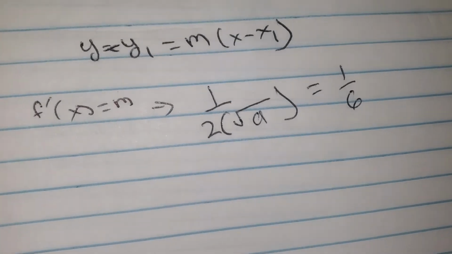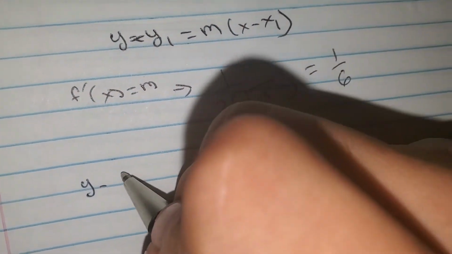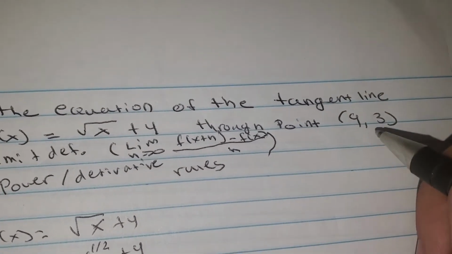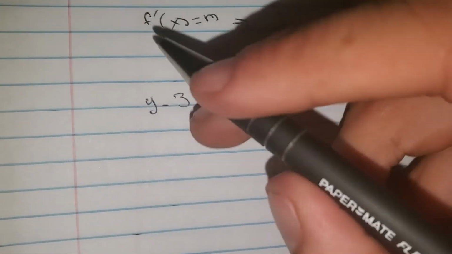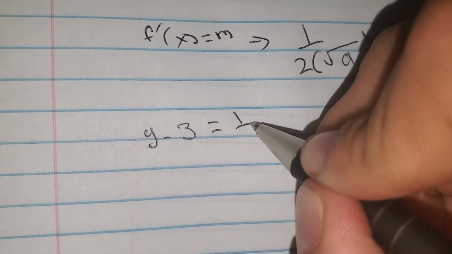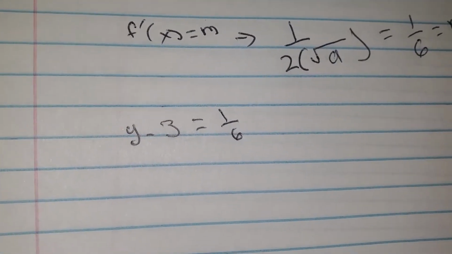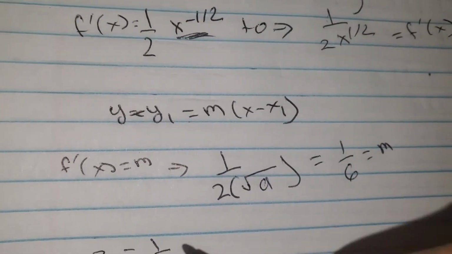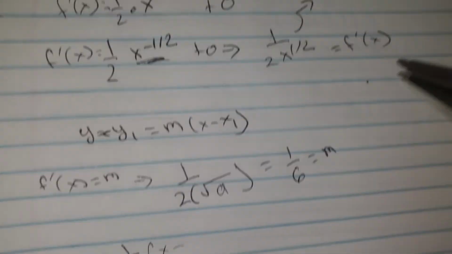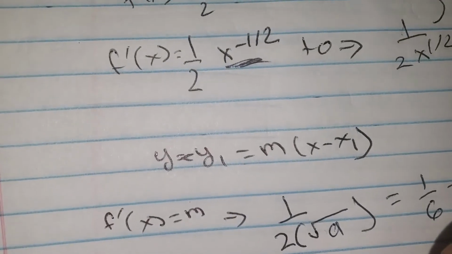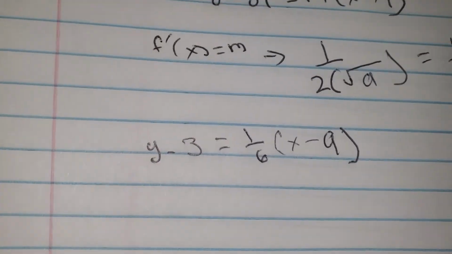Now we just plug in the point. So we have y minus 3. Our y value is 3; if you go back to the point, this is 3. This is equal to m, which is 1/6, times x minus our x value, 9.